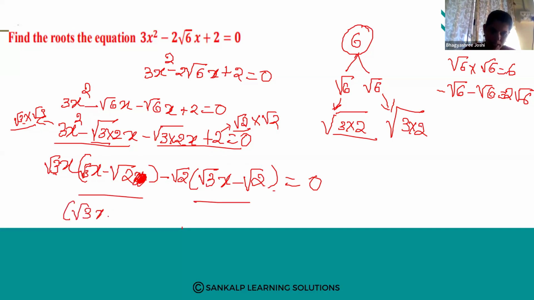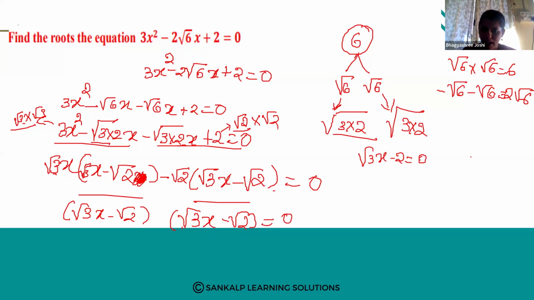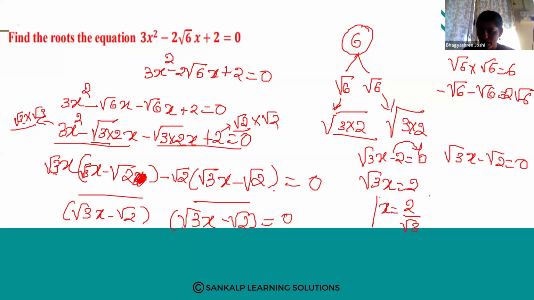Root 3x minus 2 and root 3x minus root 2 is equal to 0. So now root 3x minus 2 equal to 0 and root 3x minus root 2 is equal to 0. So now transfer this minus 2 to this side. Root 3x is equal to 2. X is equal to 2 divided by root 3 you will get. So this is 1 root. Another root: transfer this minus root 2 to this side.